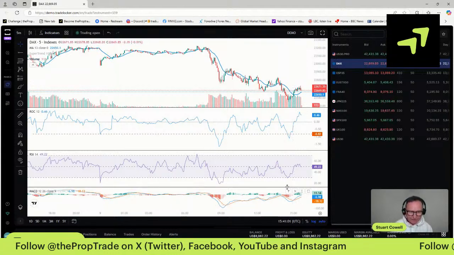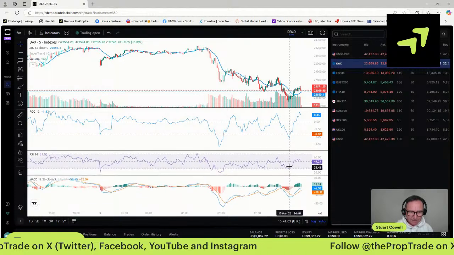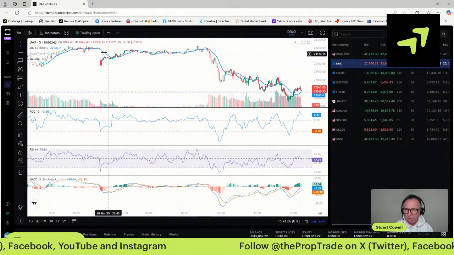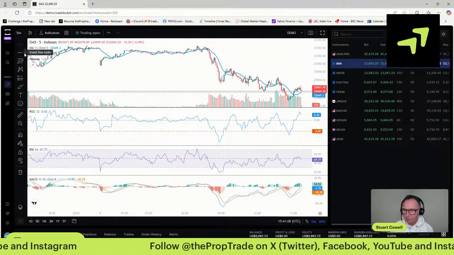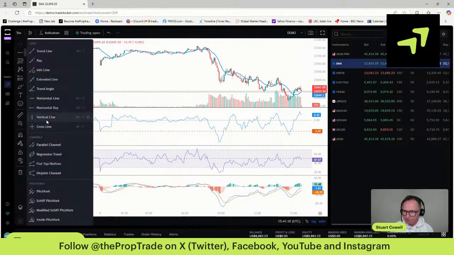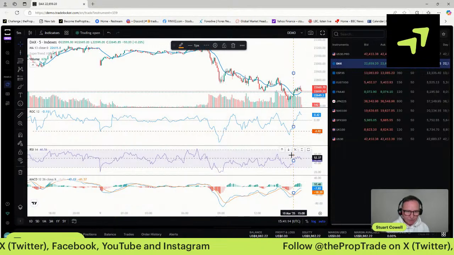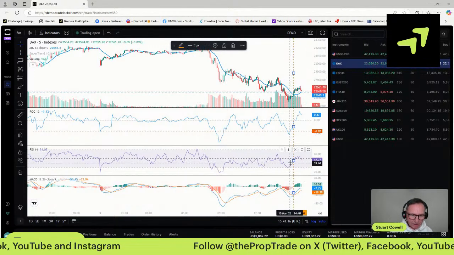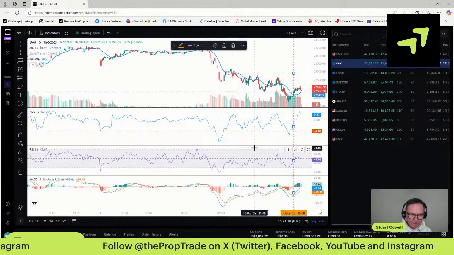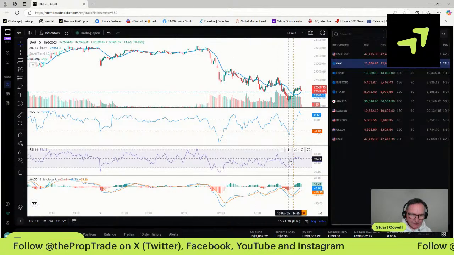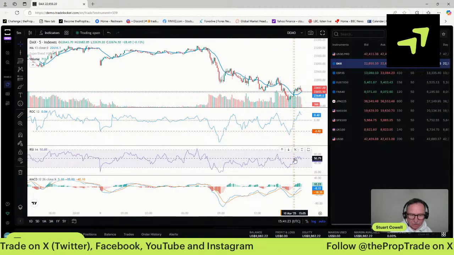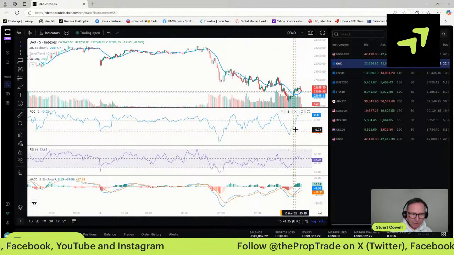We see the MACD here, the signal and the MACD line not crossing until this point on this time frame. See, it's that point there. That sort of coincides with the RSI. Take that off there. The RSI is still under 50, so it's still neutral. It ran up and then it's flattened out.